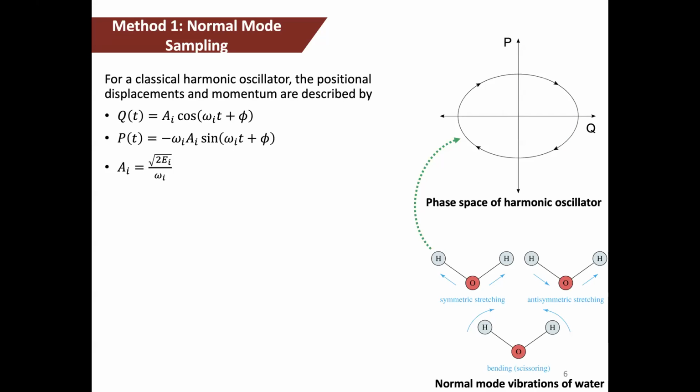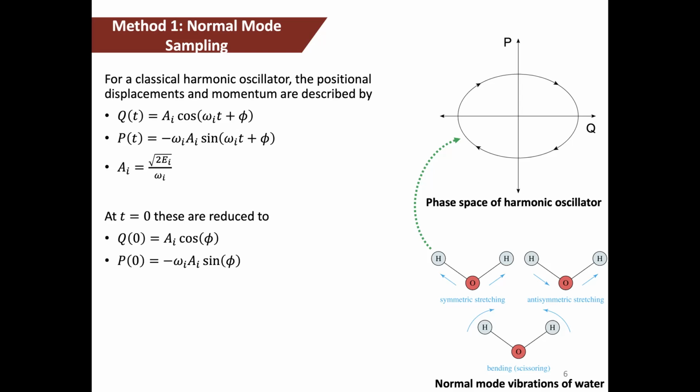The first method I implemented was normal mode sampling, and it's based on a classical distribution. So it treats the normal mode motion classically. If you treat the normal mode motion classically, you can solve for the positions and momentum with these cosine and sine terms right here. The amplitude of the motion is determined based on both the frequency of the mode as well as the energy available to that mode.